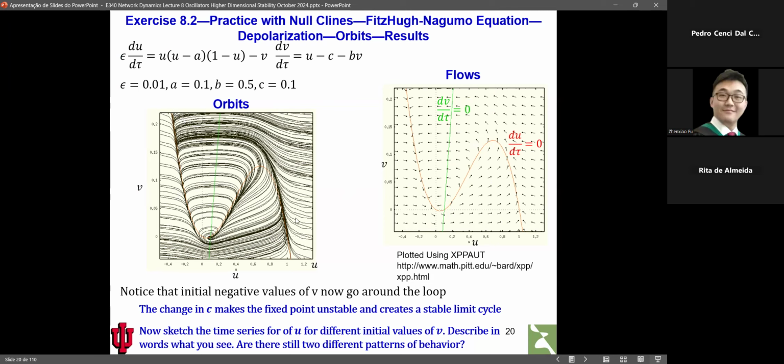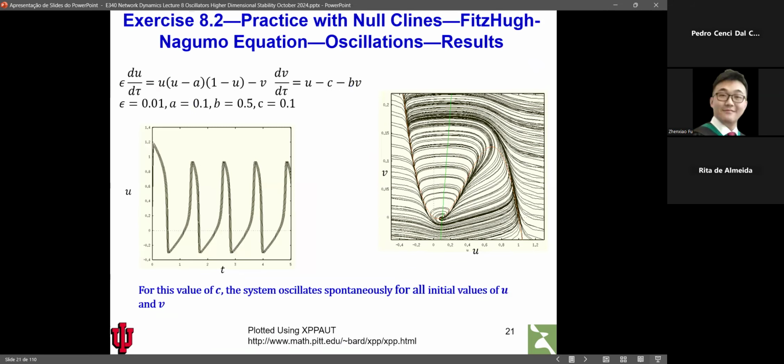So depending on where you start, you have something which is periodic. So you're going to have a periodic orbit. And this is what makes the FitzHugh-Nagumo equations so interesting, because you can change this. And instead of having something that will go up, go down, and then stabilize in a fixed point, it starts again to circulate around the fixed point and present oscillatory results.